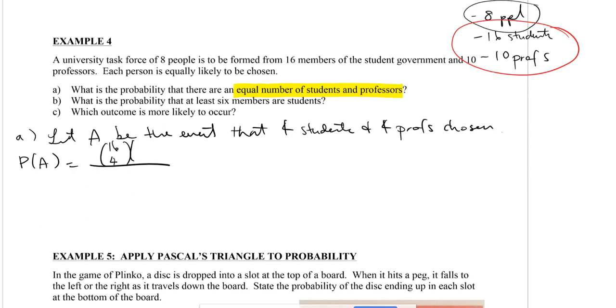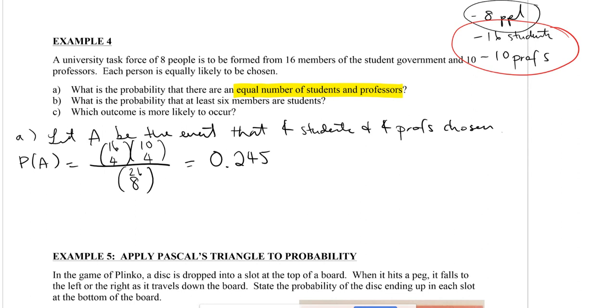And I have 10 profs here, and of the 10 profs, I'm picking 4 of them. For my total outcome, I'm picking 8 people, and how many do I get to choose? Well, there's 16 students, 10 profs, so that makes 26 people. Okay, and using a calculator, as I have been encouraging you to use, it is 0.245.